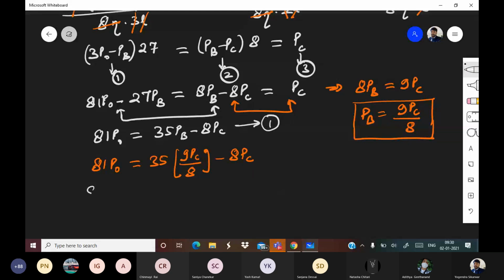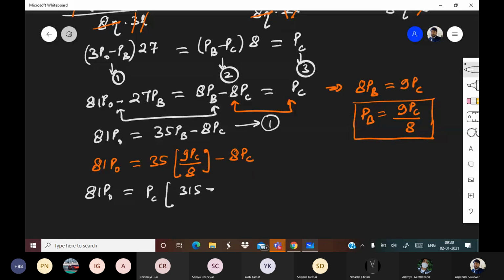So 81 P naught is equal to PC. Now 35 into 9 by 8. 35 into 9 is how much? So 315 by 8.